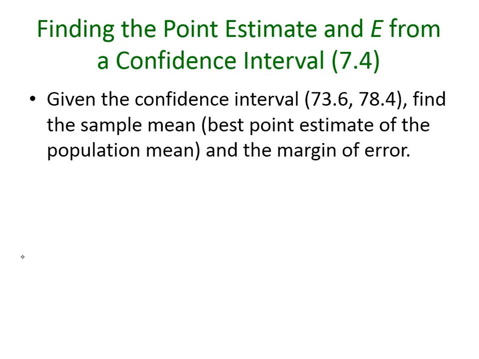Finding the point estimate and the margin of error from the confidence interval then. Given the confidence interval 73.6 to 78.4, find the sample mean, which is your best point estimate of the population mean, and find your margin of error. We can't figure out the sample size if we don't know the population.